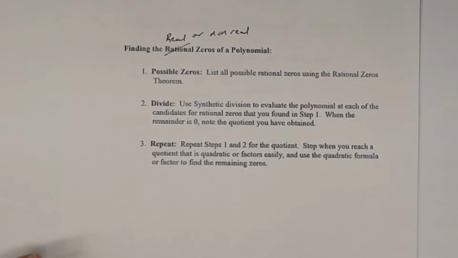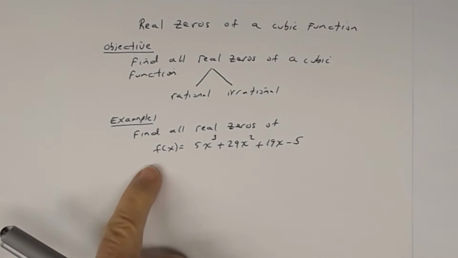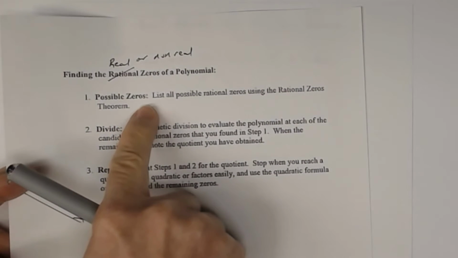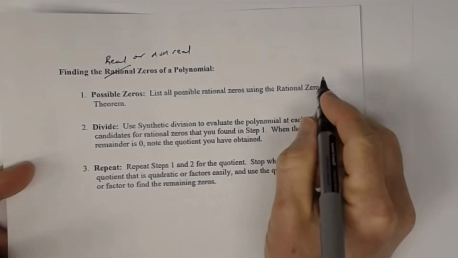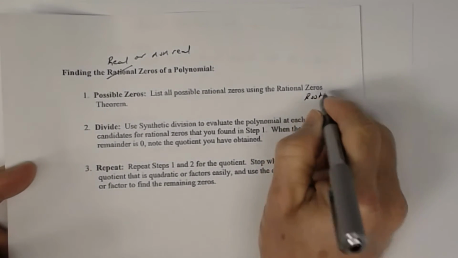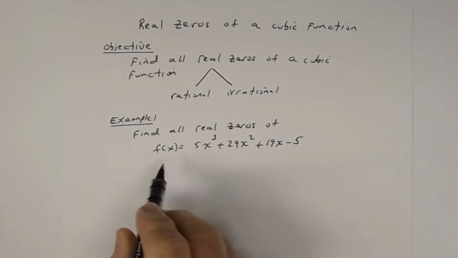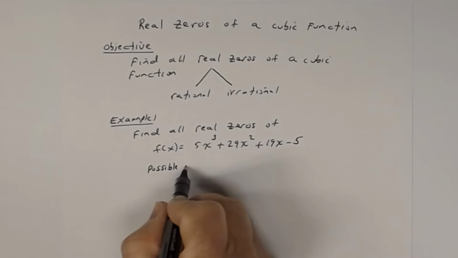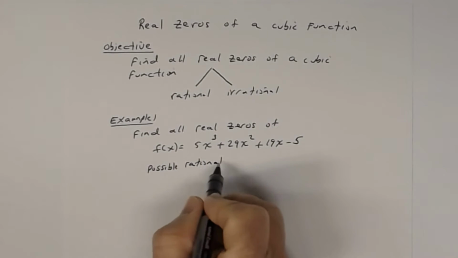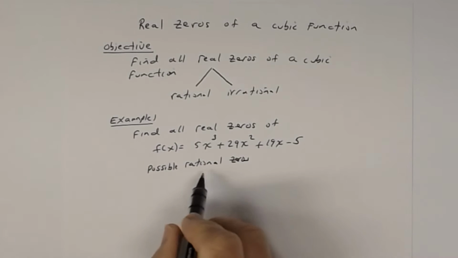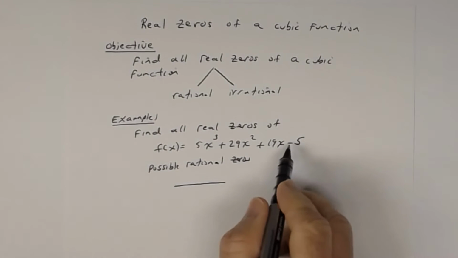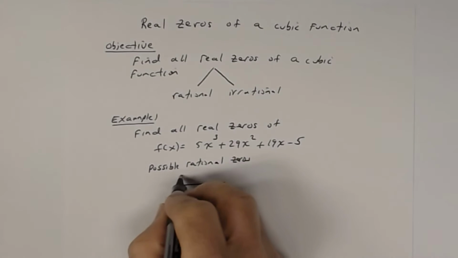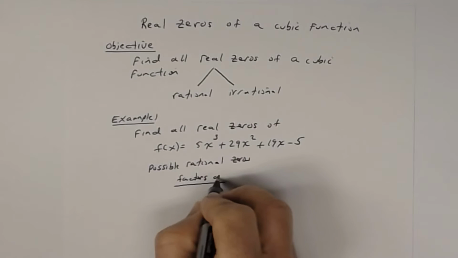All right, so remember the first thing you're going to do is list your possible zeros, using the Rational Zeros Theorem, which is sometimes called the rational root theorem. Let's go ahead and list the possible rational zeros. Remember, we list the factors of the constant term in the numerator, so the factors of -5.